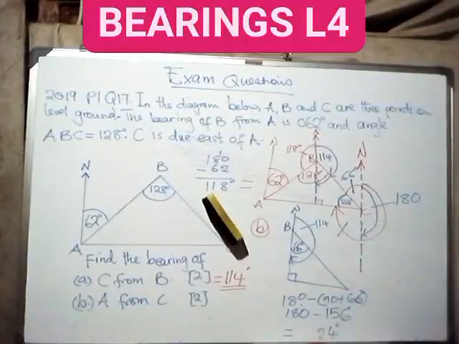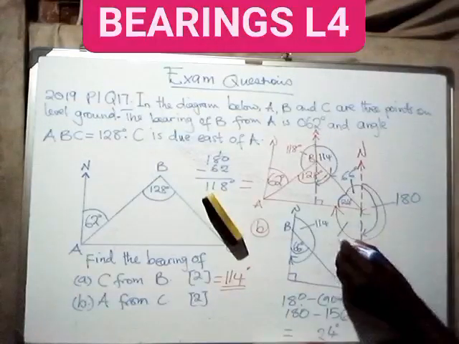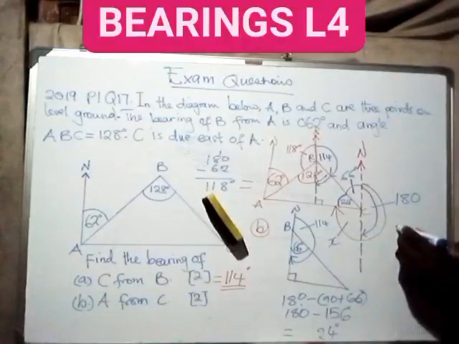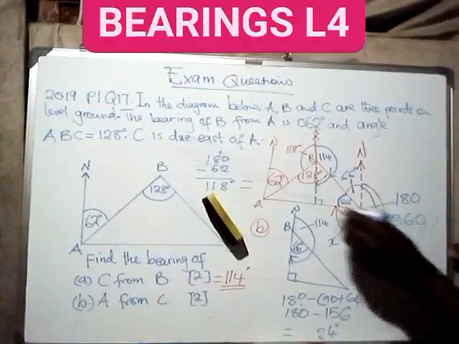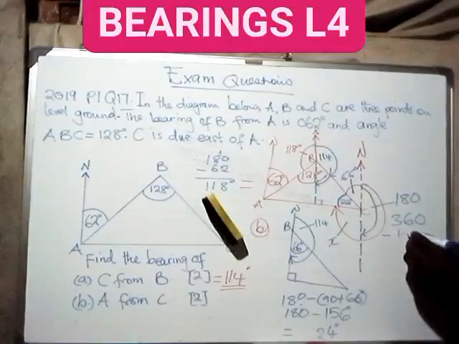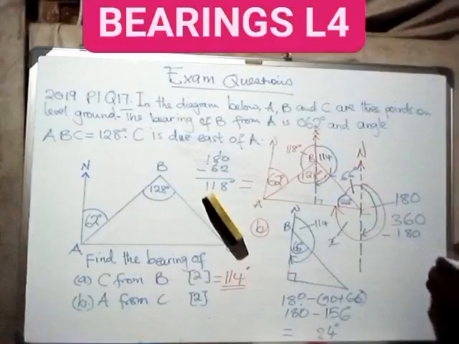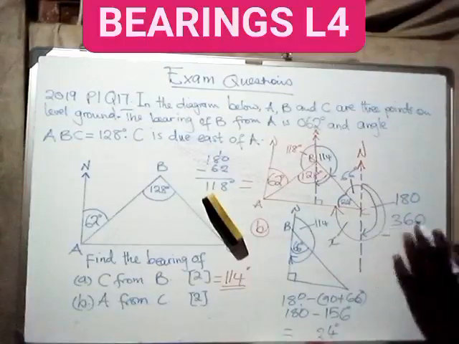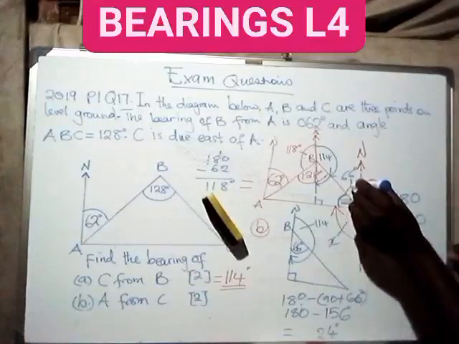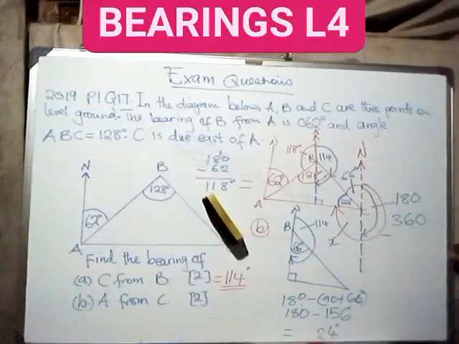How can that angle be known? This angle is not known. So to know this angle here, we say 360, because the whole lot of this is 360, minus 180, minus 24, and also 66.